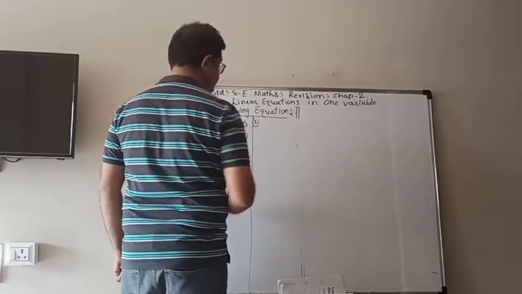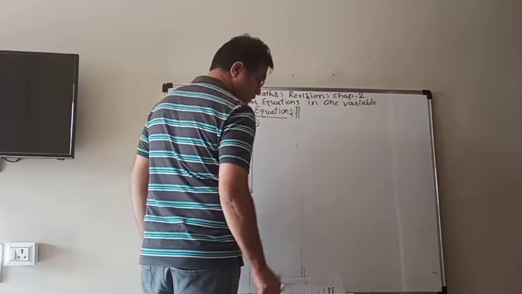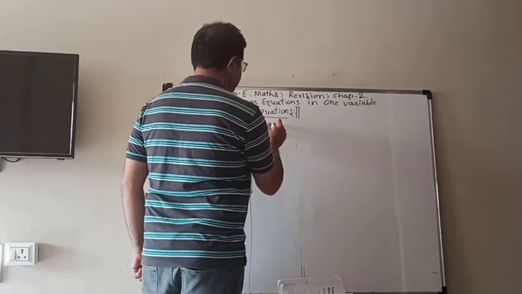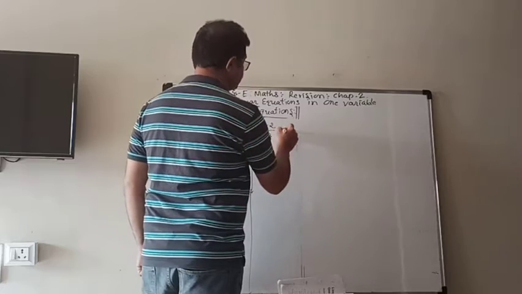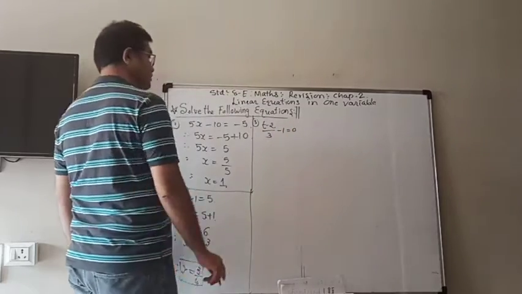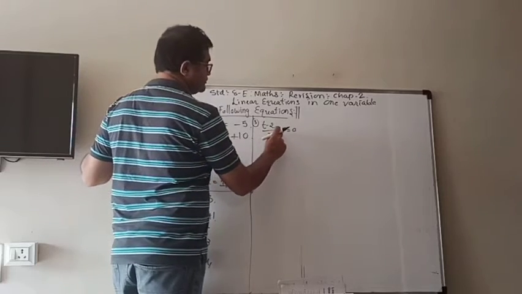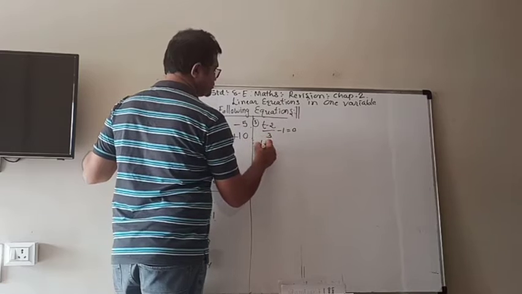Third one. t minus 2 upon 3 minus 1 equals 0. So first of all this minus 1 we will take that side.